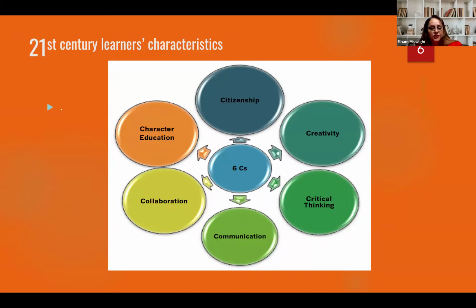But the teacher is not a dictionary in the class. Let them think. So that's the autonomy that we always talk about. Let the students take their responsibility to research, to think, to search for it, to talk, work in groups and find out.